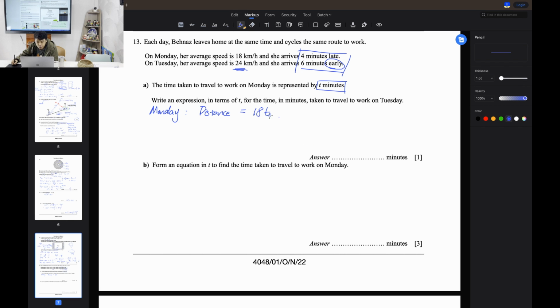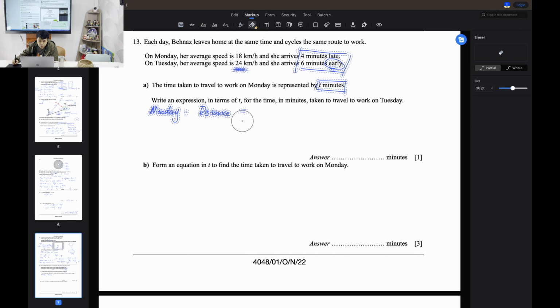Oh no, T is in minutes, but the speed is in hours. So we have to write the speed into minutes. That should be easier.